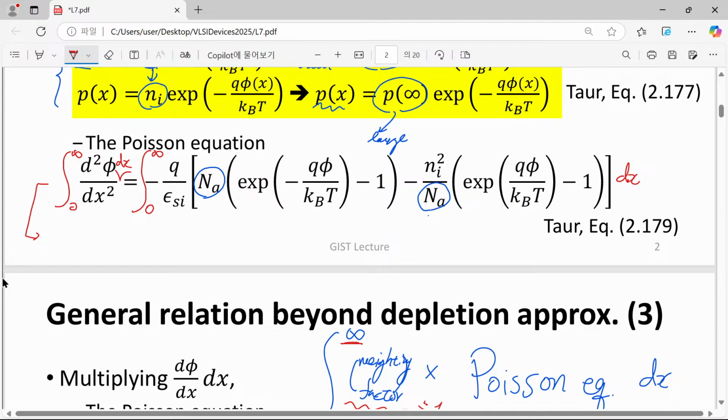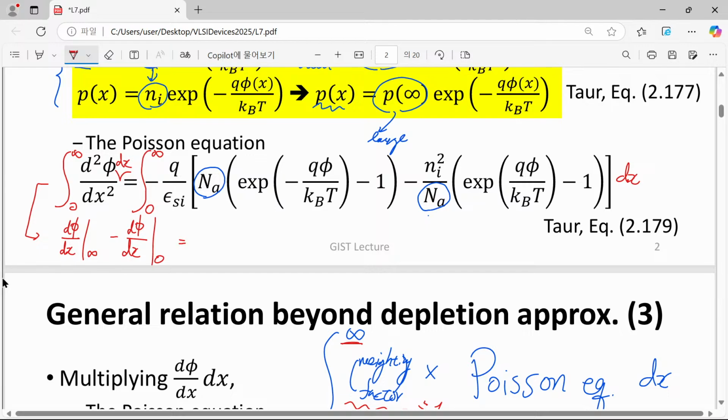We will have d phi over dx evaluated at the infinitely deep position minus d phi over dx evaluated at the surface position. And please try to simplify it.